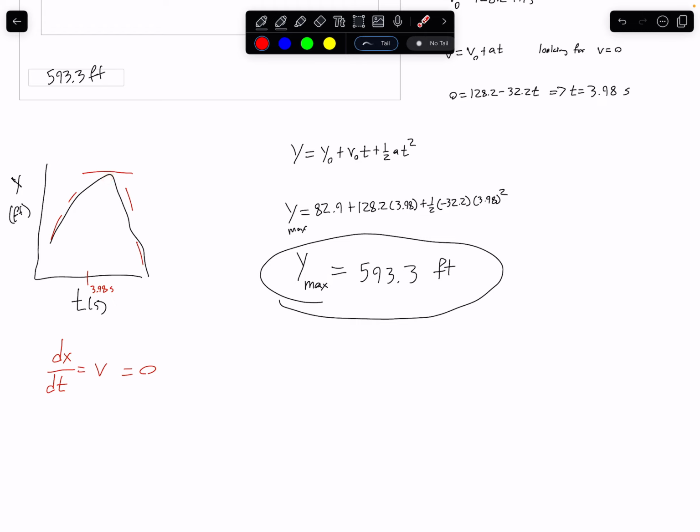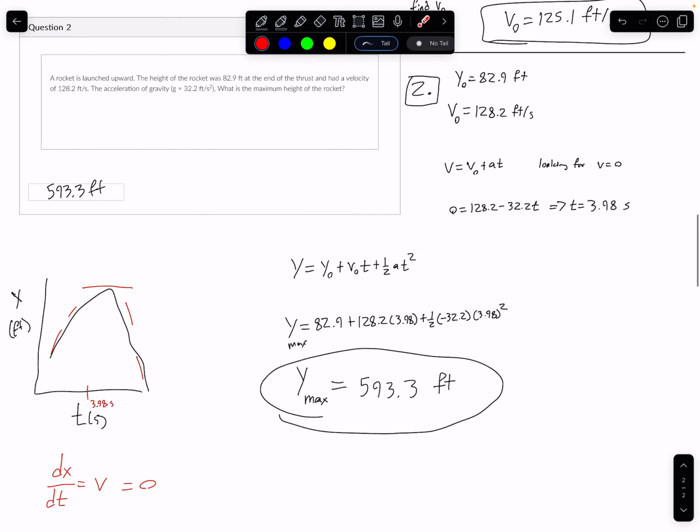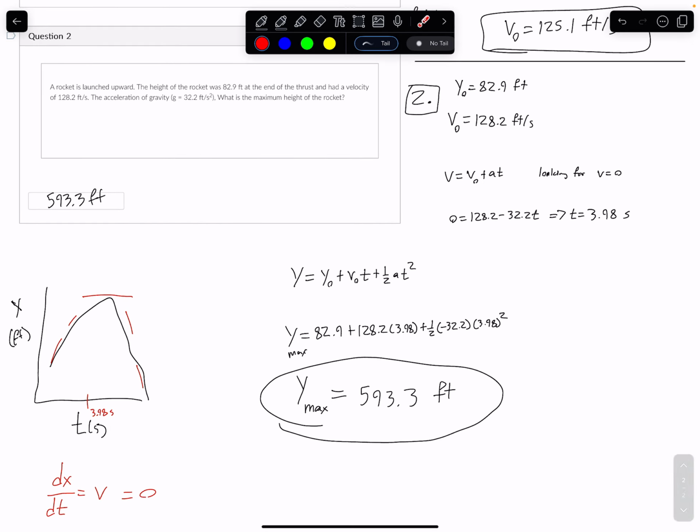So we have to figure out the time, which is 3.98 seconds, using this kinematic equation, again assuming constant acceleration. V equals the initial velocity plus the acceleration times time.